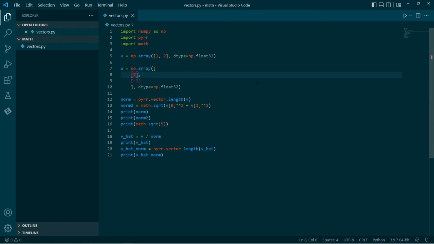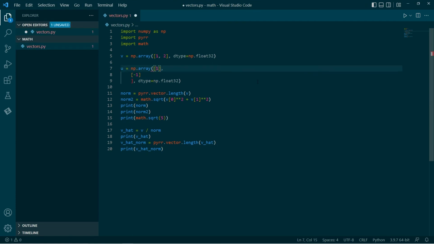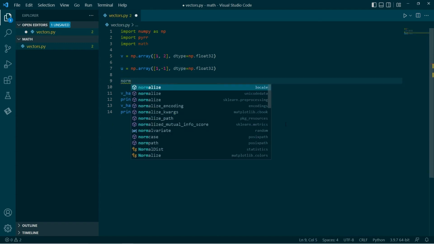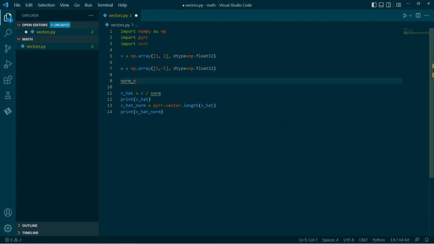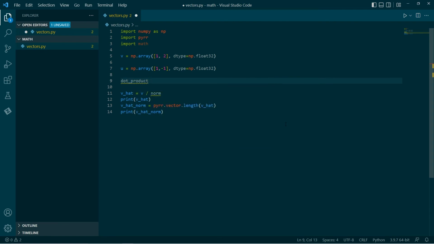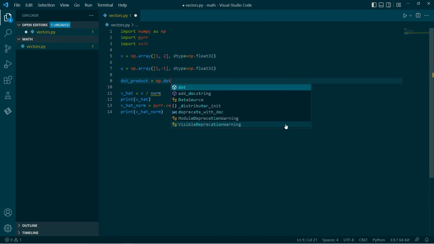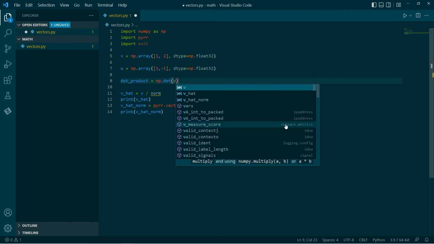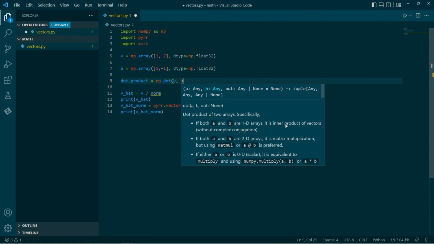Okay, so I'm just going to adjust these so they have the same dimensions. Actually, I'm not going to do that. We'll go numpy dot. We have two vectors to take in, so we'll take in u and v.